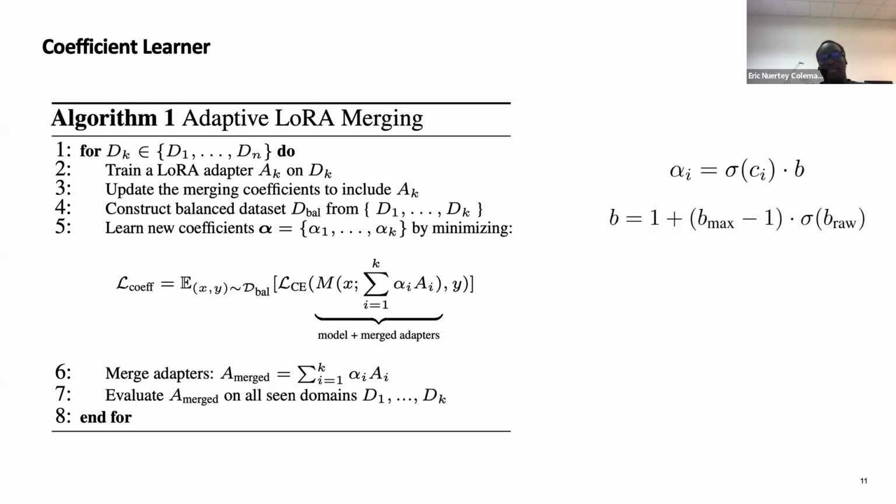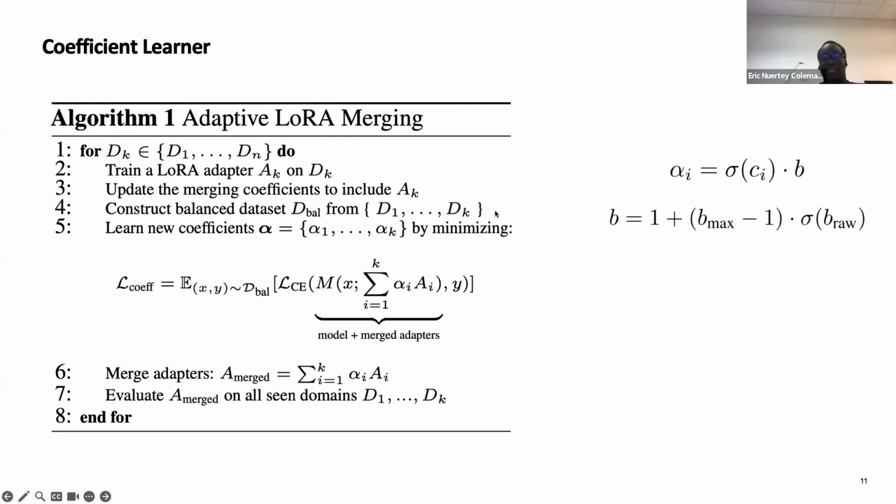We tested up to 10 samples per domain, and the difference wasn't that huge. So you evenly sample from each domain to create this small memory buffer. And then you learn these coefficients by using this small memory buffer.